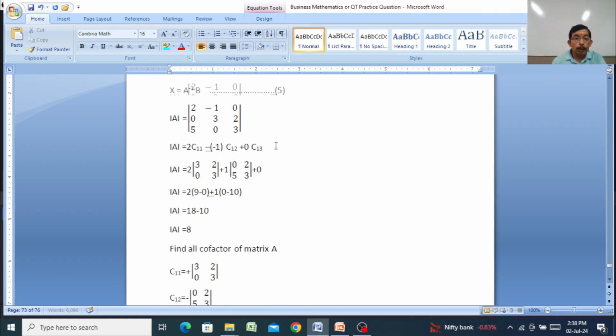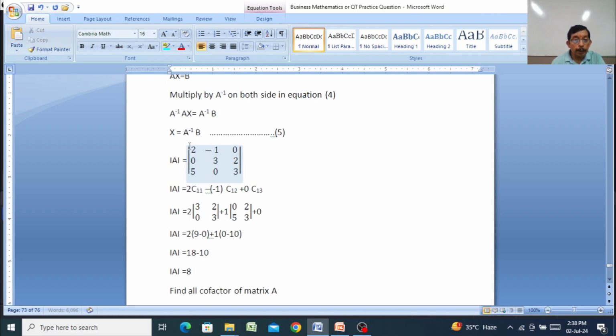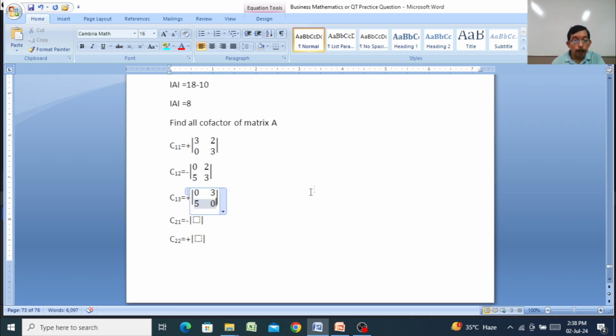Now C21, second row, first column element is cancelled out, and the remaining elements are minus 1, 0, 0, 3.